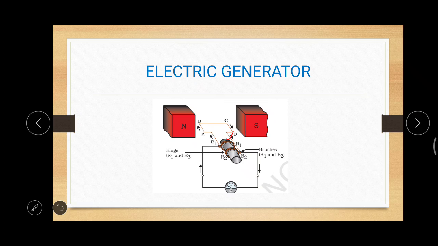And now in detail, in which direction does the current flow, and does the direction change? Is it in the same direction, a direct current, or is this generator producing an alternating current? All those things we have to see.